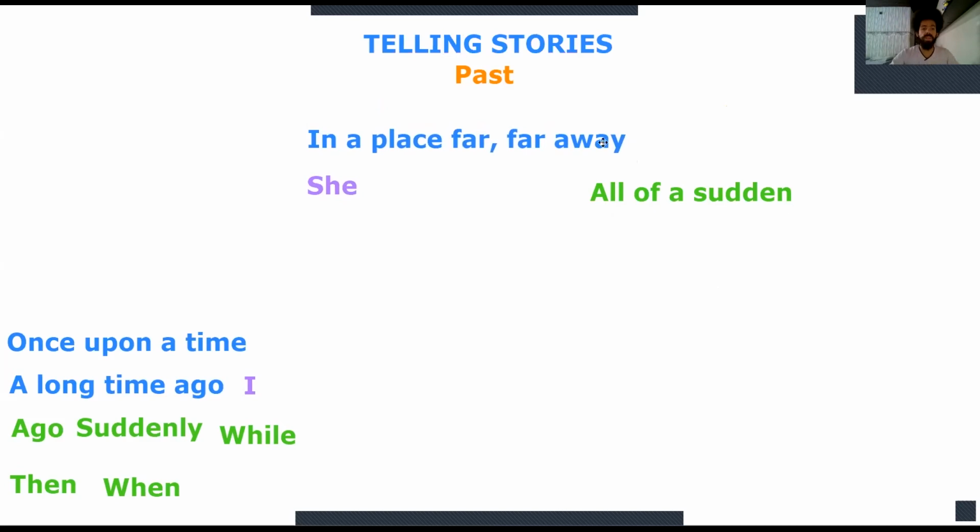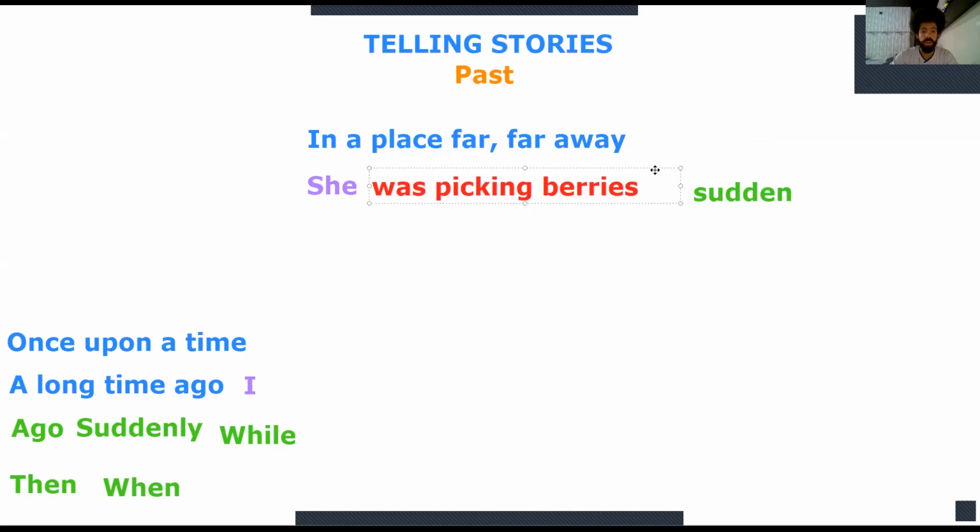Let's think of a story. In a place far, far away, she was collecting berries. Right? She was collecting berries. Actually, it's not collecting, it's picking berries.